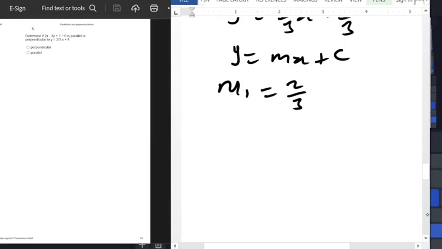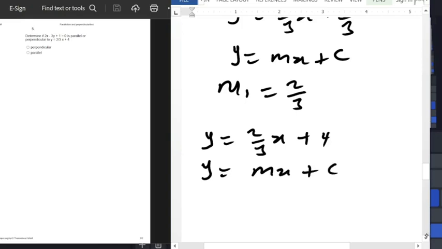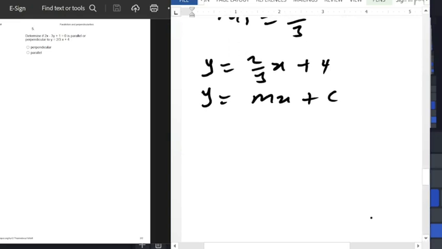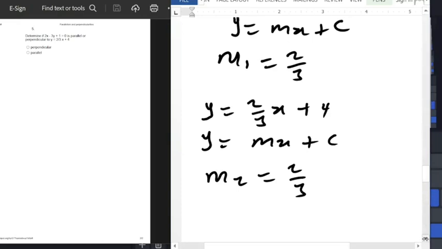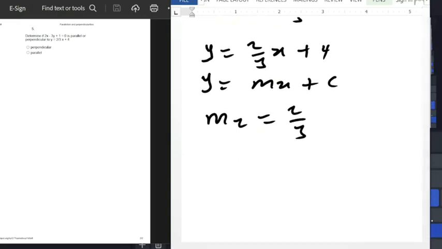The second equation is already expressed, that is y equals 2 over 3x plus 4. Comparing this with y equals mx plus c, equation 2 is already in that form, so m2 is equal to 2 over 3. You can see that the gradient of the first equation, 2 over 3, is the same as the gradient of the second equation, which is also 2 over 3.